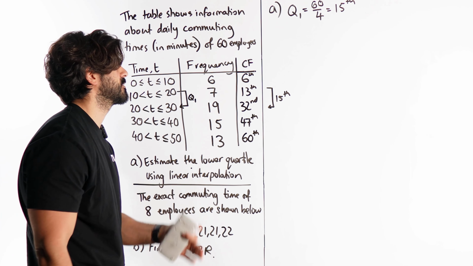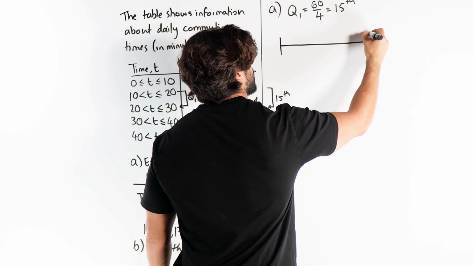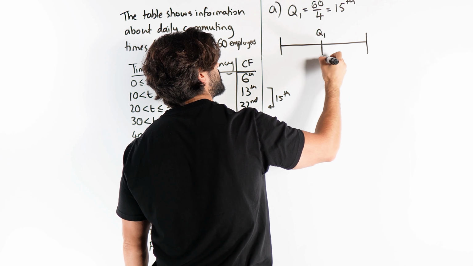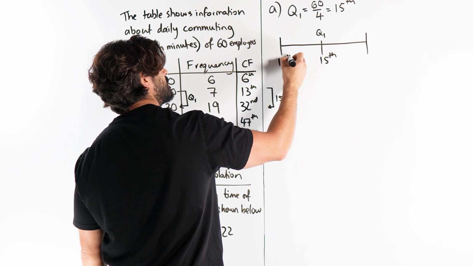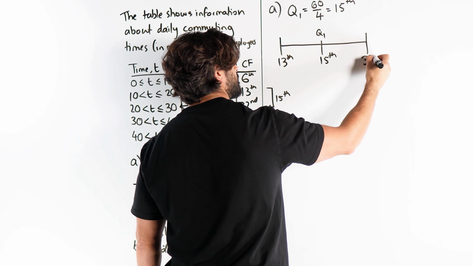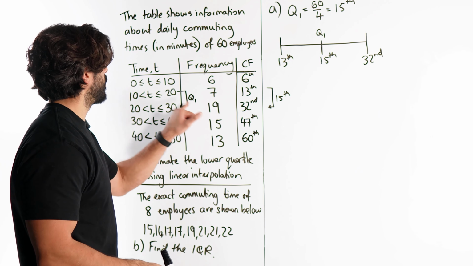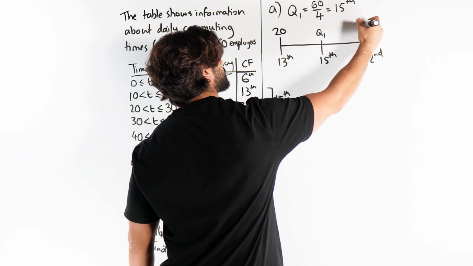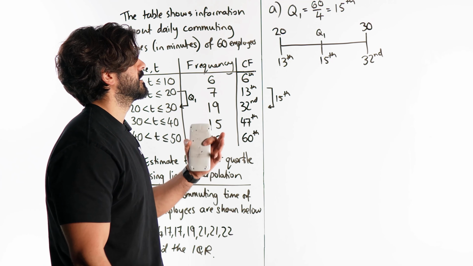And this is where we do our linear interpolation. We're going to do our number line. We're saying Q1, which is the 15th person, is somewhere between the 13th person and the 32nd, which meant that Q1 was between 20 and 30 minutes. Remember what we said about linear interpolation.